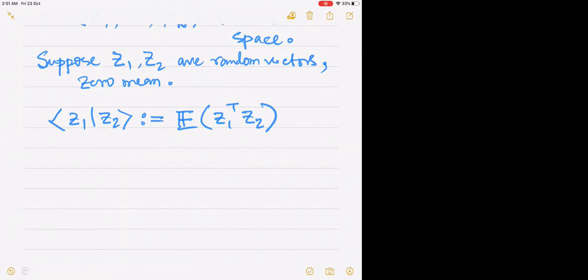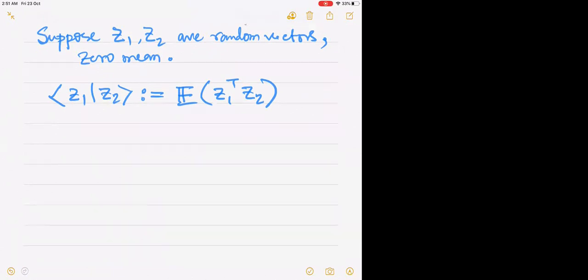Because ultimately it's going to be some integration of Z1 transpose. There will be an f Z1 function, which is the density function for Z1. These will be matrices. Let me just do it for random variables; you can understand what will happen for random vectors.